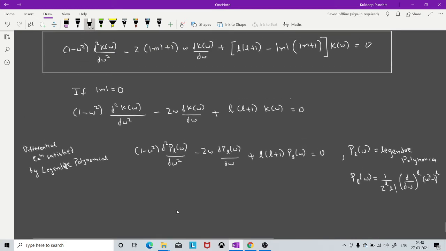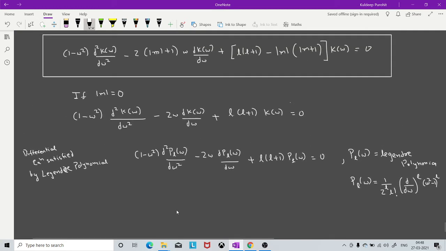But you know that for our case, the value of m is necessarily not equal to 0. It can have other values also.